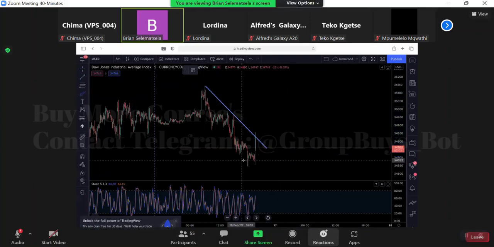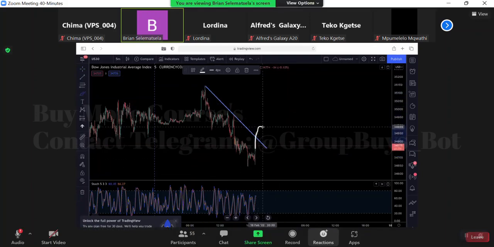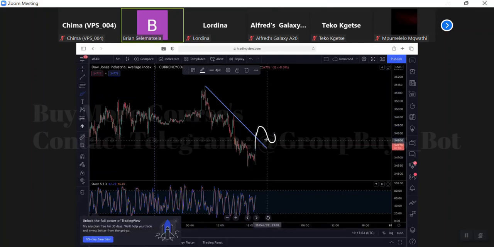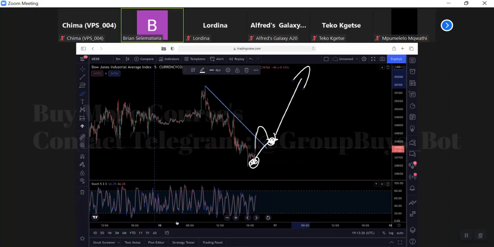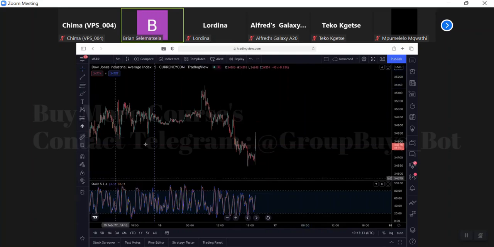So the best thing we can do is wait for it to close above so that we can spot divergence between this point and that point, so that we can take it up like that. Just a matter of waiting here.